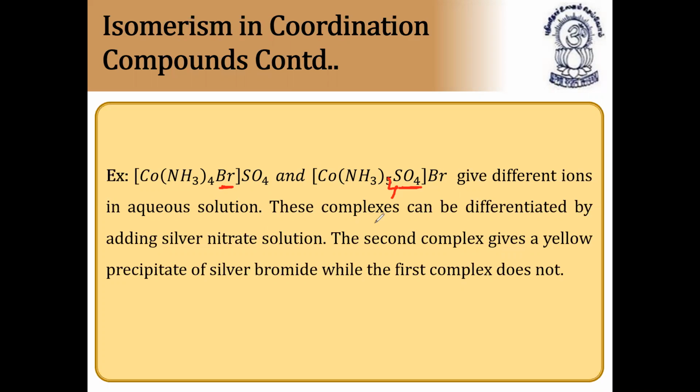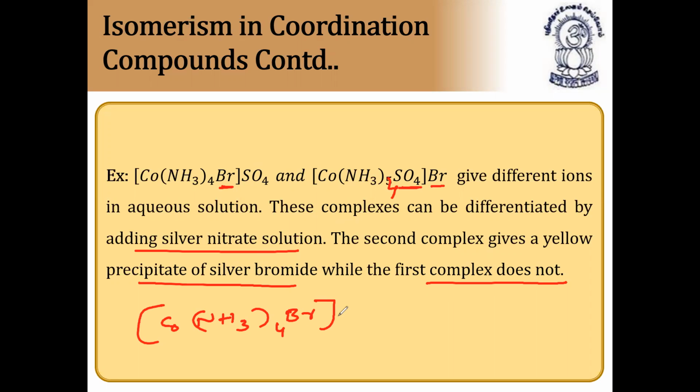They give different ions in aqueous solution. These complexes can be differentiated by adding silver nitrate solution. The second complex gives a yellow precipitate of silver bromide, while the first complex does not. The first complex, with bromine inside the coordination entity and sulfate outside, when treated with silver nitrate solution, gives no precipitate.